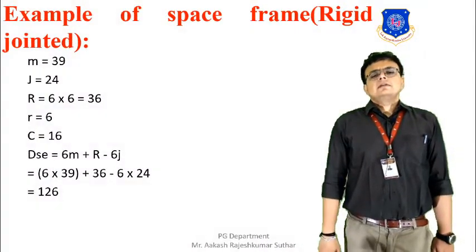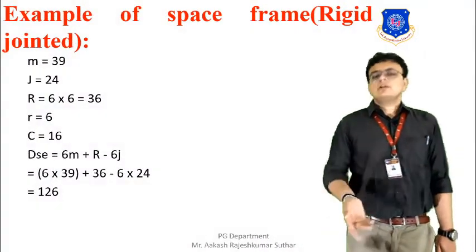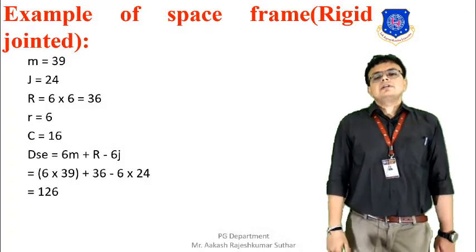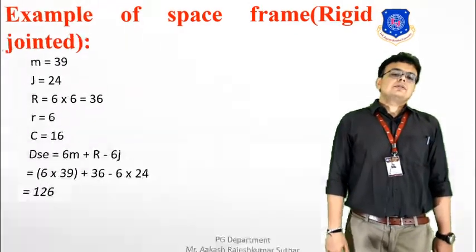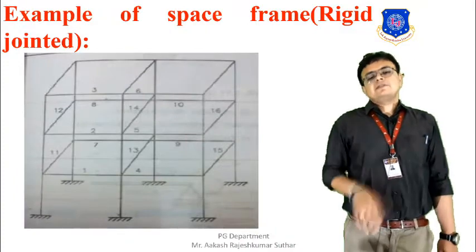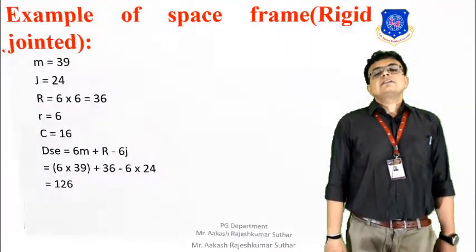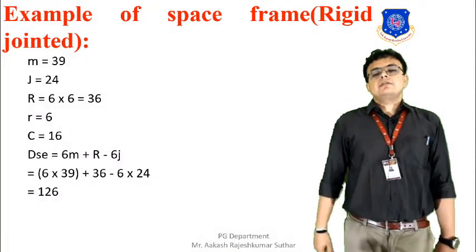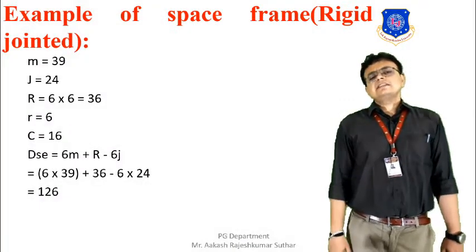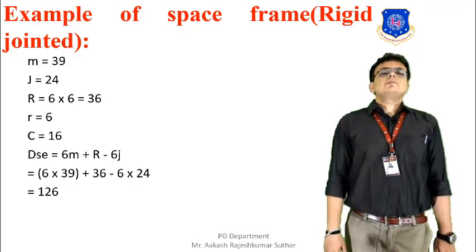And at the same time, for the formula, we also have to count the number of joints. After counting all the joints, it is final that there are 6 joints in this particular frame. Now next is the reaction component.